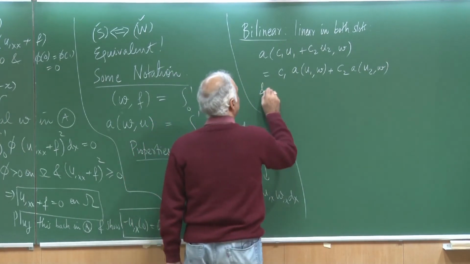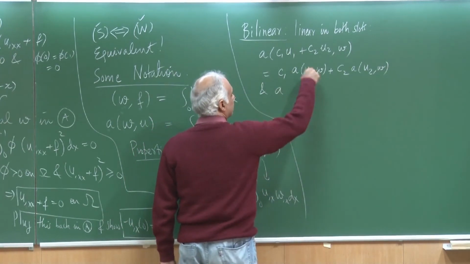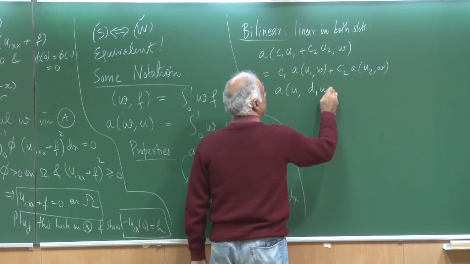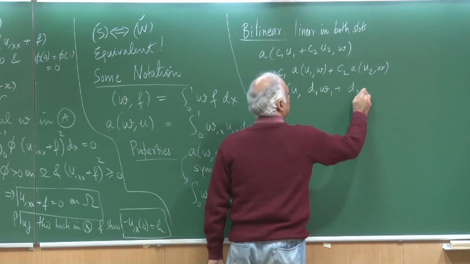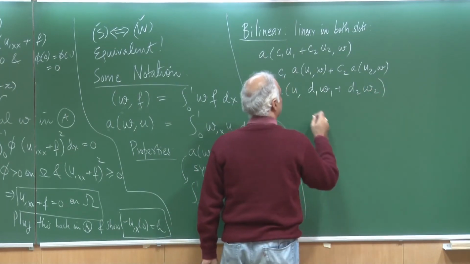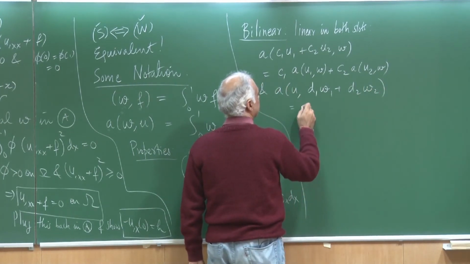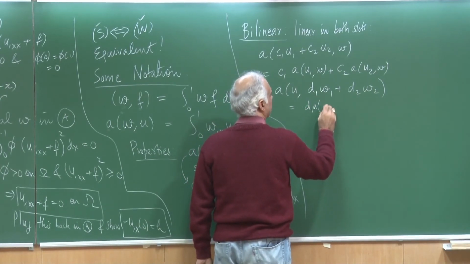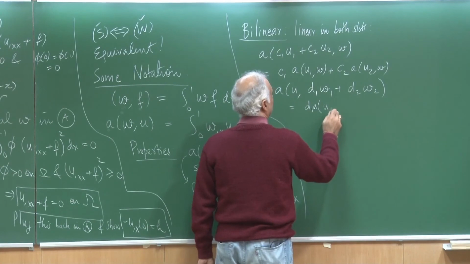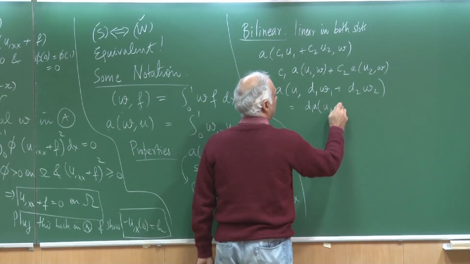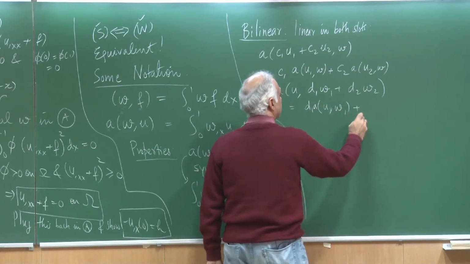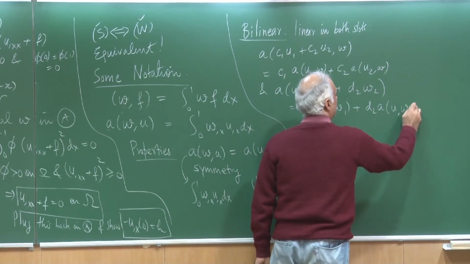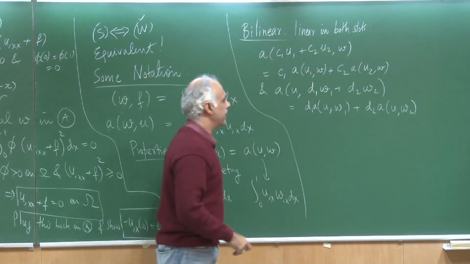And likewise, if I use the second slot, so A(U, D1 W1 + D2 W2) is the same as D1 times A(U, W1) plus the constant D2 times A(U, W2).